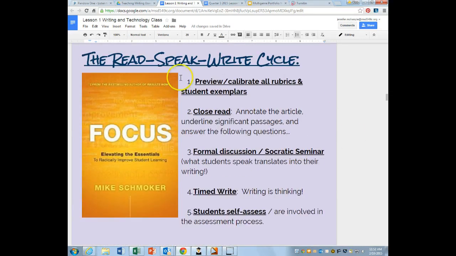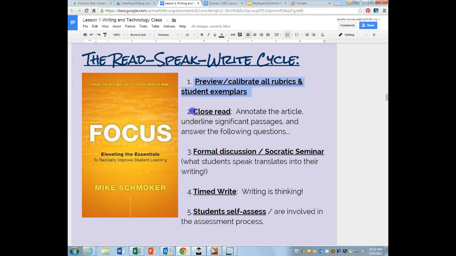Then we talked about the book Focus, published by Mike Schmoker, and what's been known as the read, speak, write cycle. It's a cycle where you can get the most bang for your buck. You begin by involving students in the assessment process, whatever product it is that you want your students to produce. First, show them examples and score them with a rubric together so everyone is 100% clear on what's expected of them.